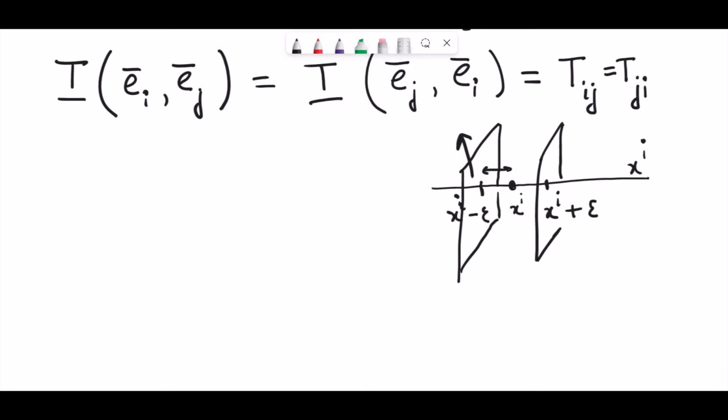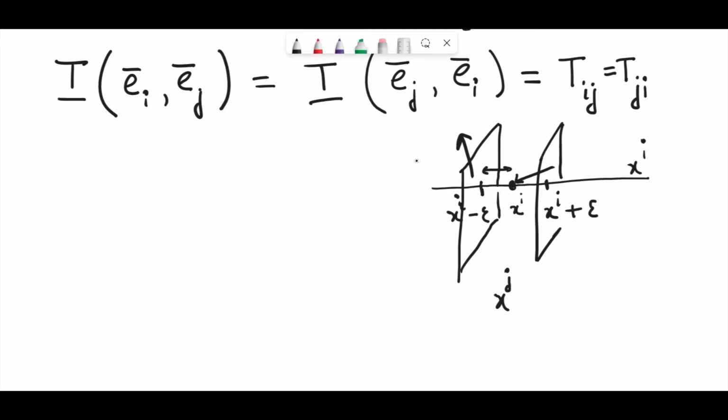So perhaps in this direction. And the difference in those two forces gives us the amount of force that acts from one side to the other. Now that force is going to be a geometric object, so it would have components, and we are interested in the component that acts along x^j.